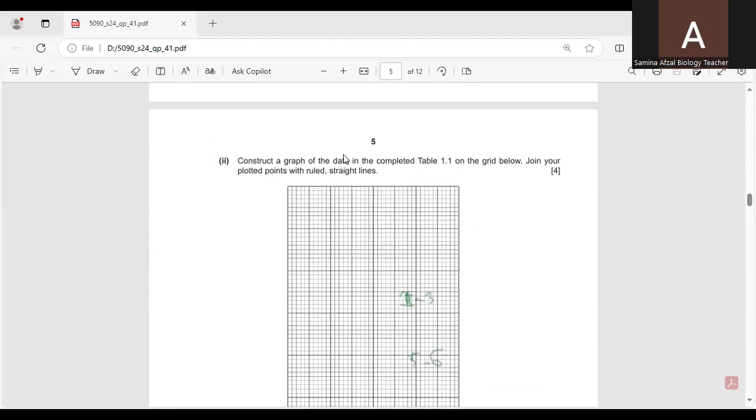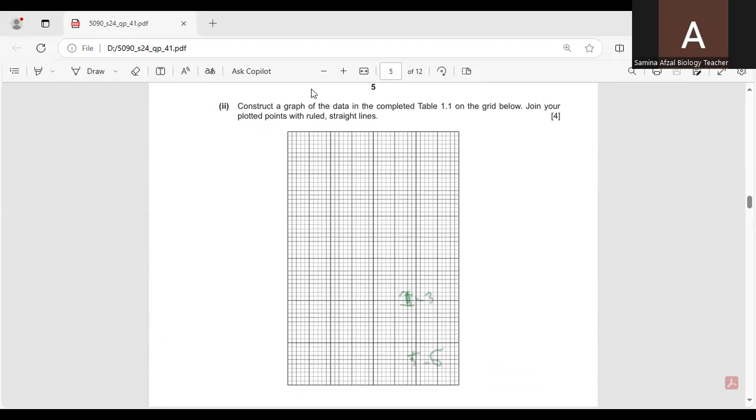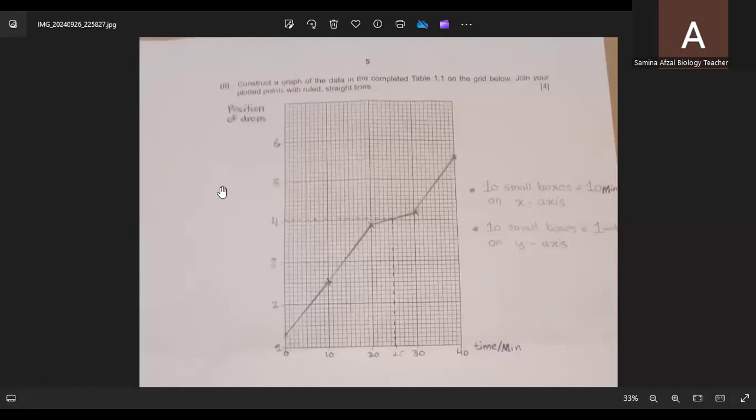Now we are moving towards the next question, which is about the graph. Construct a graph of the data in the completed table 1.1 on the grid below. Join your points with ruled straight lines.